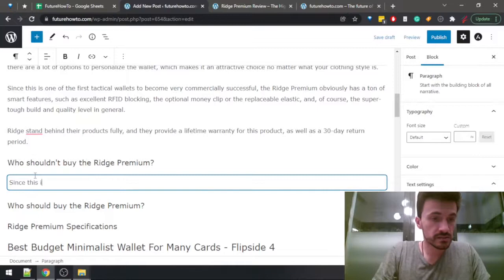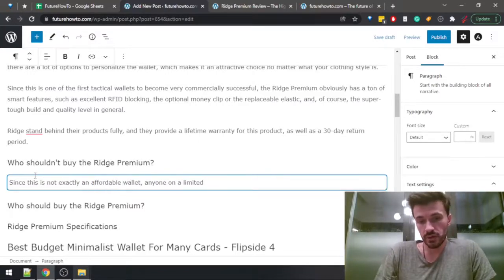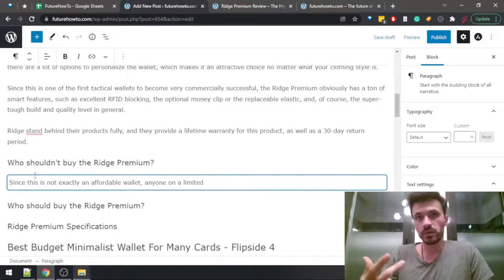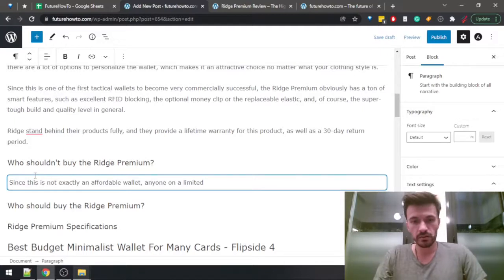Who shouldn't buy the Ridge Premium? Since this is not exactly a budget wallet, anyone on unlimited, let's say affordable here. And this is just a little trick I always use. I don't want to repeat the same words in a sentence or have them close to one another.